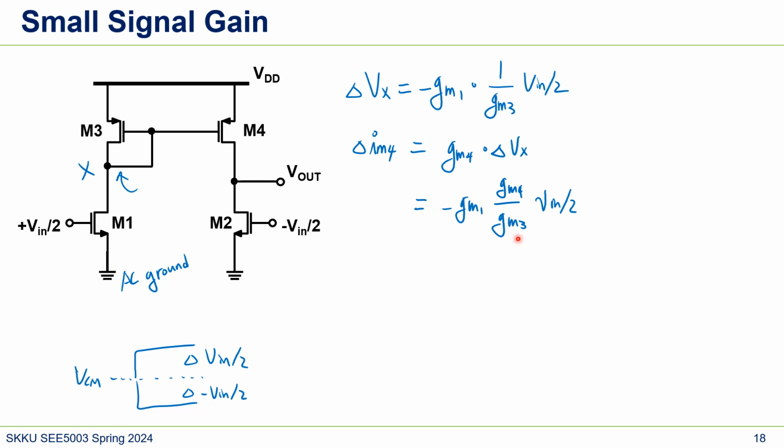So we can just say GM4 and GM3 are the same. So this will be minus GM1 Vin over 2. We need to note that this is delta IM4, where IM4 is this IM4. So it's the current change. What we calculated was from here into this.